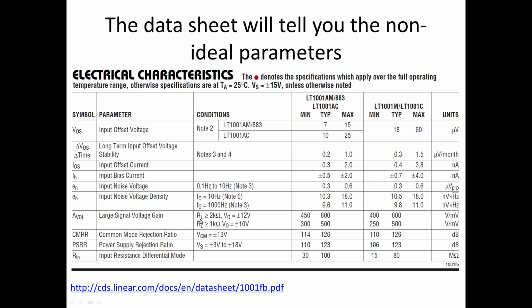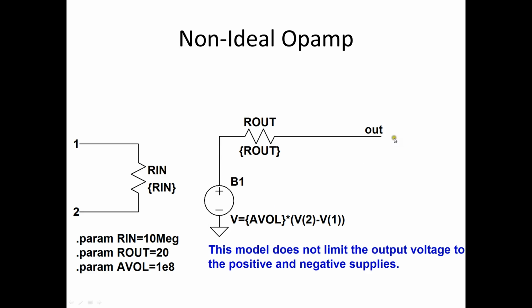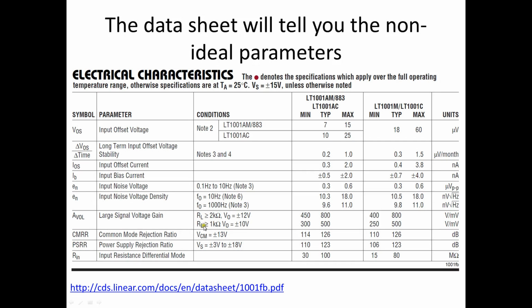Now, notice that there's no RL here, but there would be an RL from out to ground. And if it's greater than 2 kilo ohms, V out can go to 12 volts, and if it's greater than 1 kilo ohm, V out can go to plus or minus 10. But notice that when the RL is smaller, the gain is reduced.